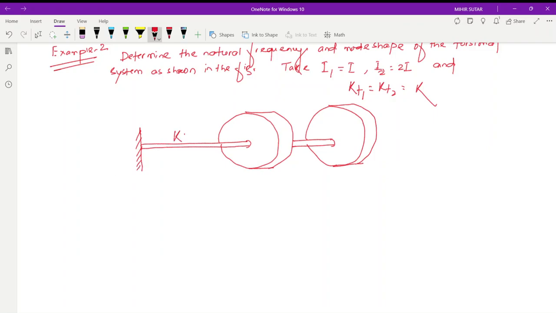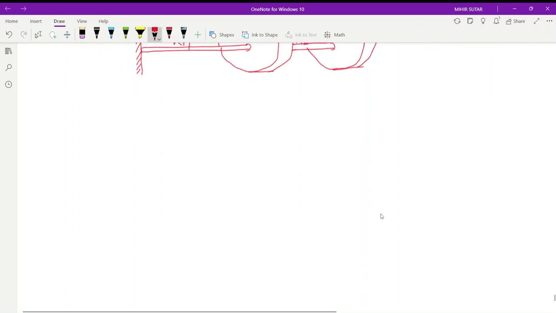Let's say this is KT1, this is KT2, this is I1 and I2. You have to find out the natural frequency and mode shape.